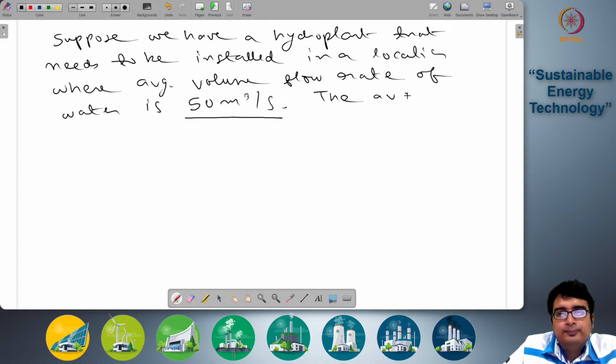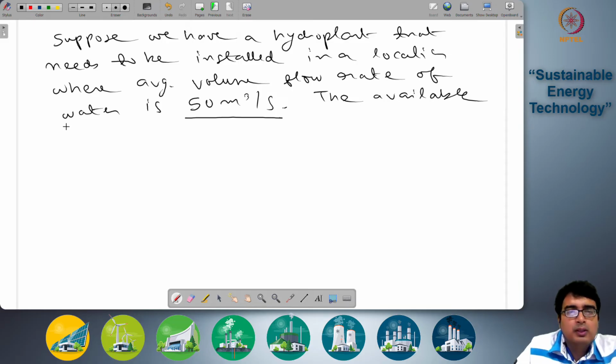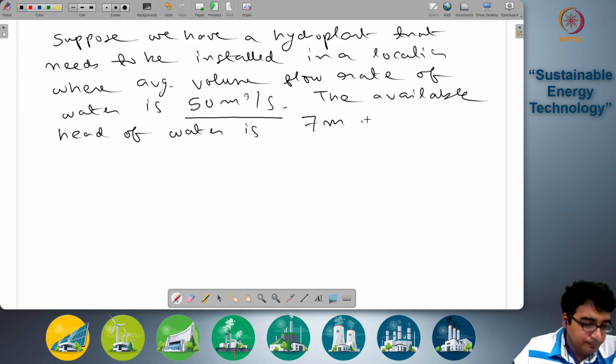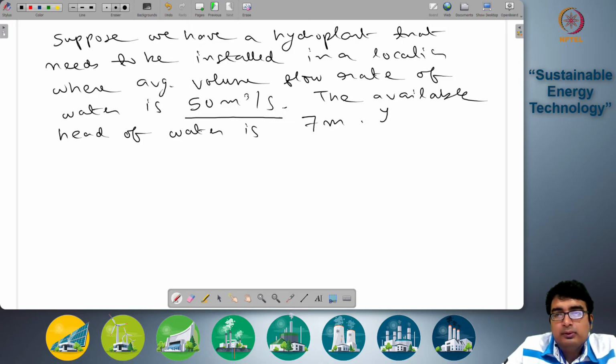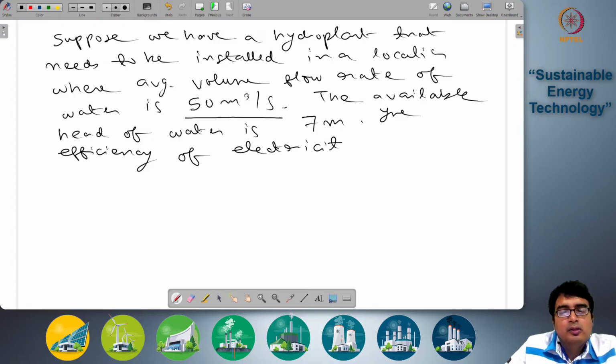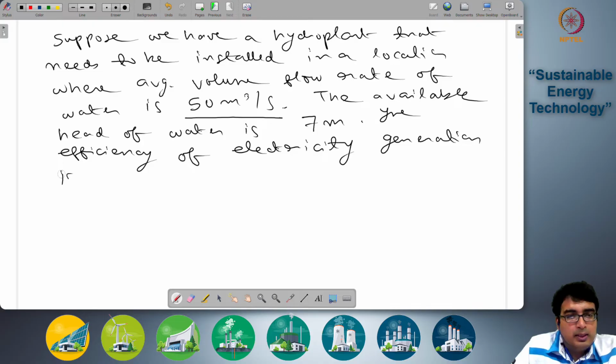The available head of water is 7 meters, and the efficiency of electricity generation is 0.9.